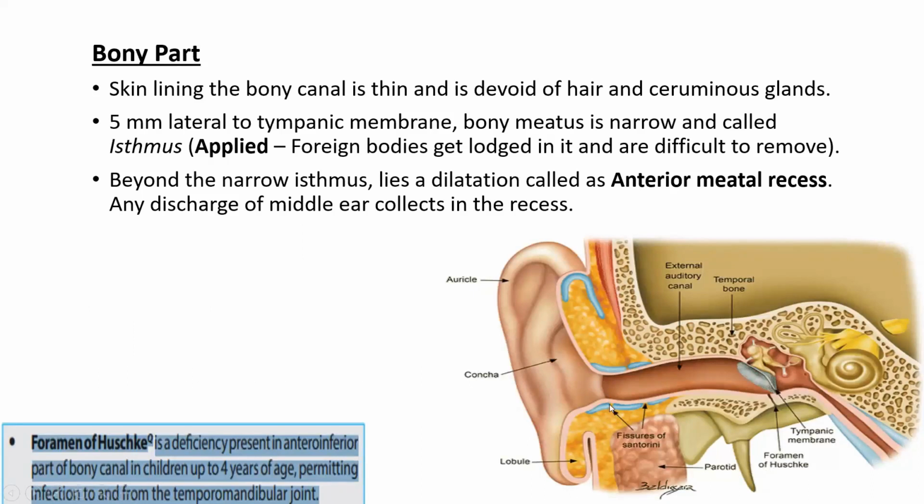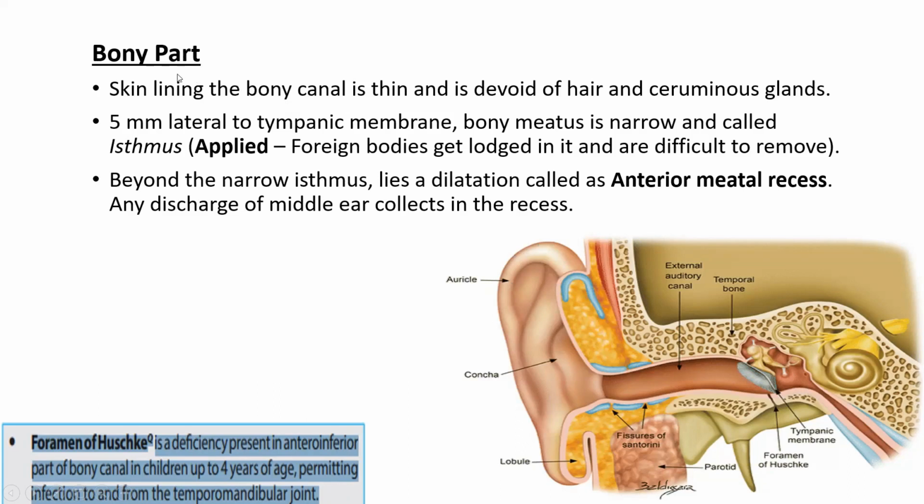Fissures are the gaps between the cartilage present inside the cartilaginous part of the external auditory meatus, and these cartilages are continuous with the cartilage of the pinna. We studied earlier that the cartilage of the pinna is continuous with the external auditory meatus. The diagram shows that this cartilage is continuous with the elastic cartilage of the pinna.